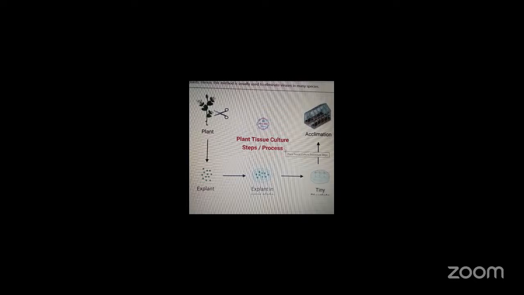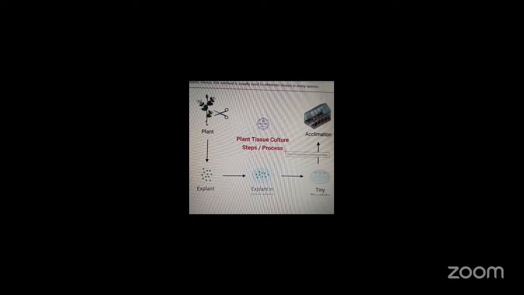It has become one of the most powerful techniques in plant tissue culture for mass propagation, meaning mass clonal propagation. A large number of plantlets are produced rapidly from somatic embryogenesis.